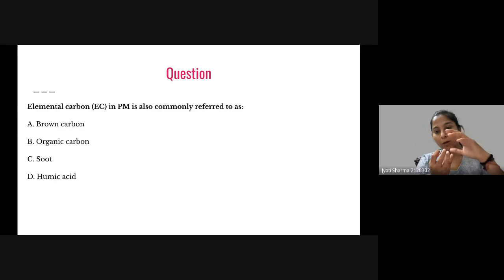So one method to remove this benzene from the solvent so that it can go directly to, let's say, gas chromatography, is purge and trap.